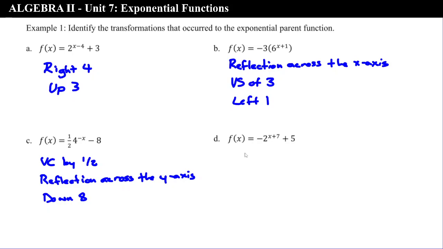And then finally for d, we have a reflection across the x-axis. We also are translated left 7 and up 5. So all of this behaves very much like what you're used to from all the functions we've already done.